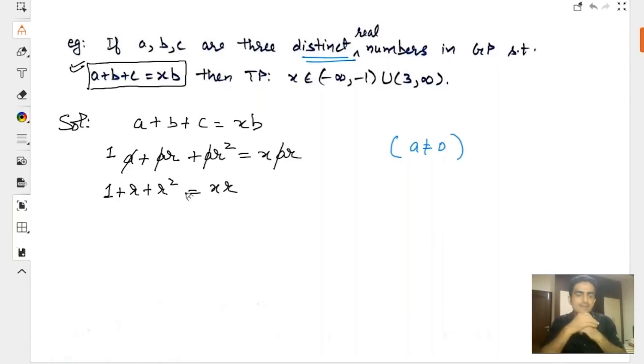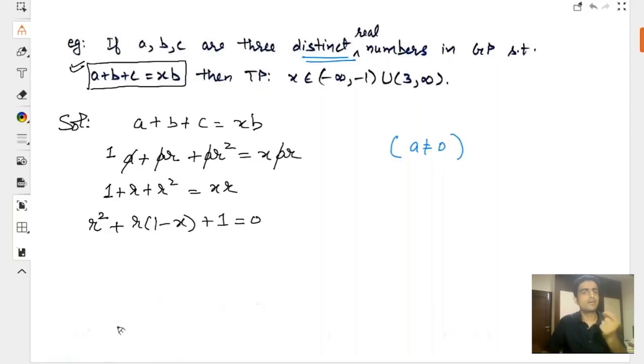Now, second step. So what should we do now? We used ABC are in GP, but now what should I do to find X? Guys, I have to observe it's first of all a quadratic in R. So this much we can think, that we can write it like this. Now the next step is very interesting.